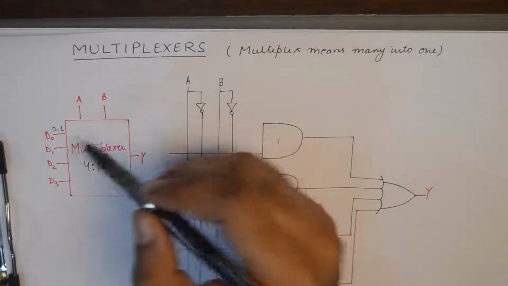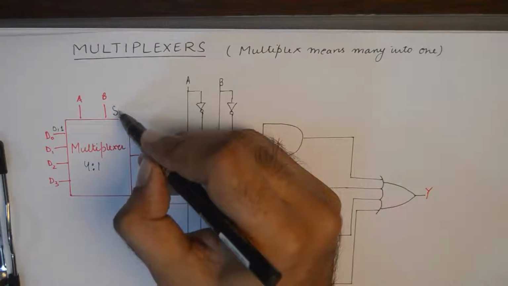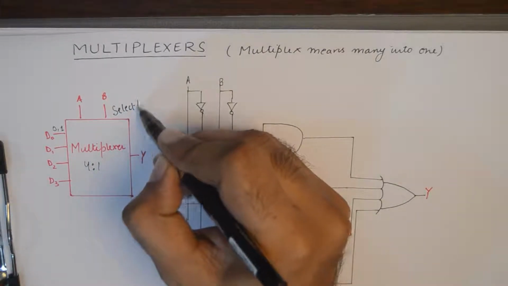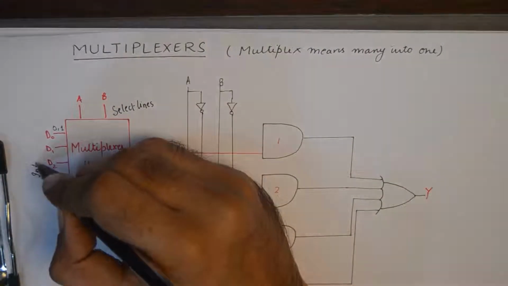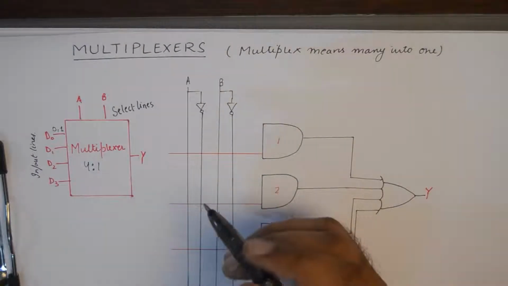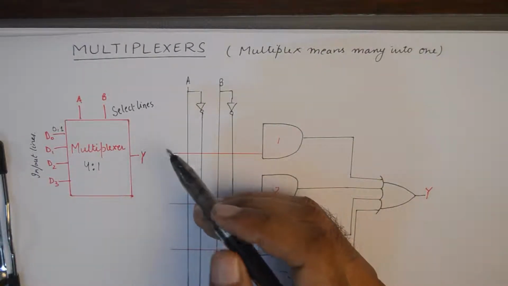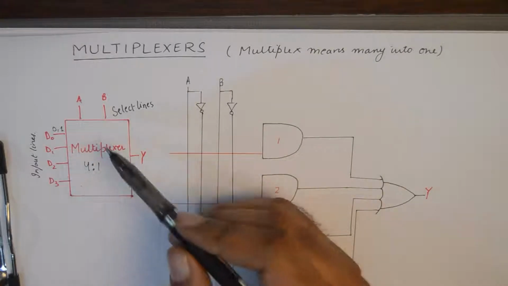That is being done by these two lines, which are known as select lines, and these are the input lines. Now essentially a multiplexer is a device that has 6 inputs.